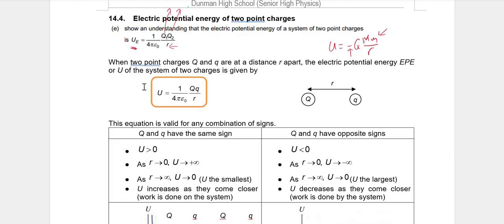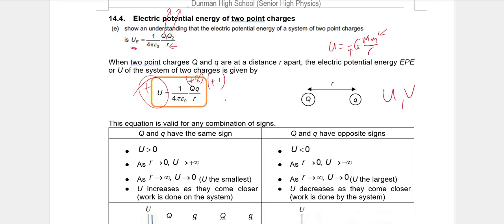Let's say if I look at this formula and big Q and small q are both positive. Then for U and V, electric potential energy and electric potential, I substitute the sign in the charge. That means I substitute some positive value for Q, let's say plus 8, and small q maybe plus 1. So plus 8 times plus 1 guarantees that my U here is positive.